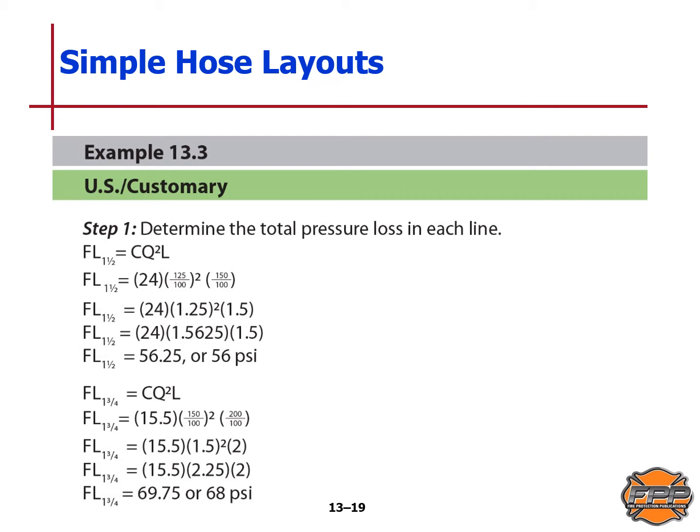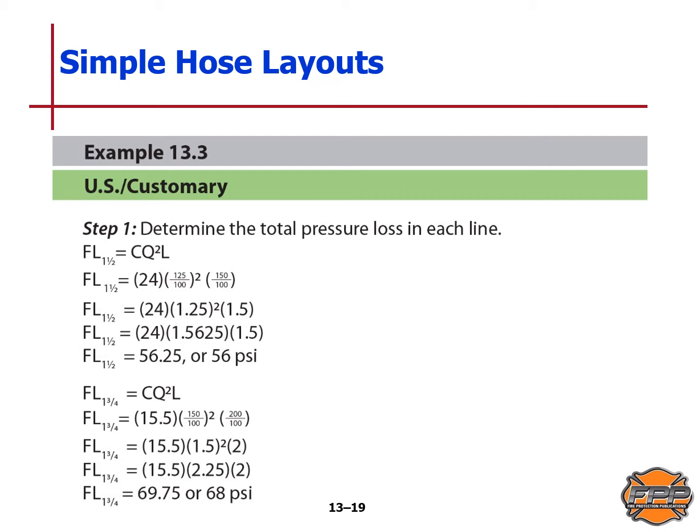And when you work out the math on the next line for the 1.5 inch hose is 24 times 1.25 squared times 1.5. That calculates out in the next line to 24 times 1.5625 times 1.5. So the friction loss for the 1.5 inch hose is 56.25 or 56 psi.